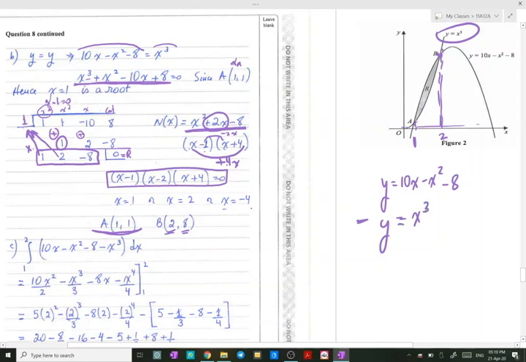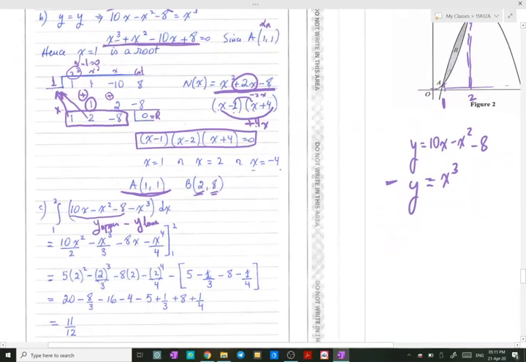So if you look here, it's y of the first or the upper part minus y of the lower. So y of the upper minus y of the lower curve dx.